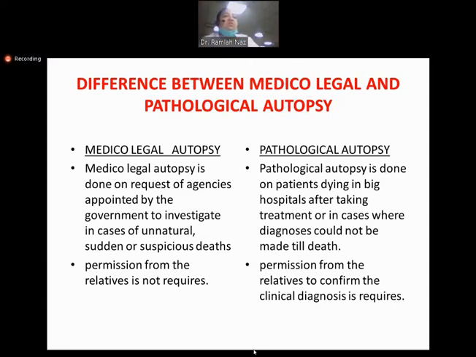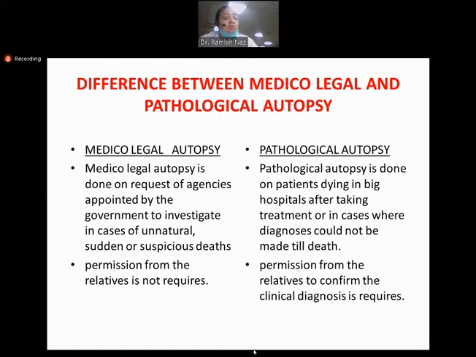So what is a medico-legal autopsy? A medico-legal autopsy is done on the request of agencies appointed by the government to investigate cases of unnatural, sudden or suspicious deaths. Take care. In such cases, the dead body becomes the property of the state.